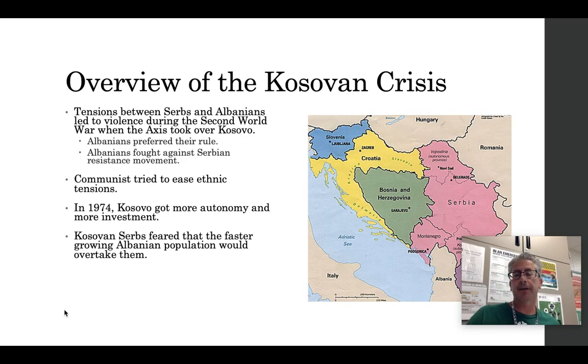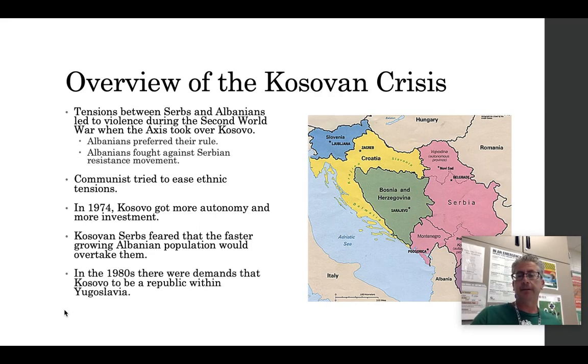The Kosovan Serbs feared that there would be a faster growing Albanian population. So in this area of Kosovo, the tensions are going to be between the Serbs and the Albanians that are there. And in 1980, there'll be demands by the Kosovar Albanians that they become a republic within Yugoslavia. So it'll be very similar to places like Slovenia and Croatia, Macedonia, Bosnia-Herzegovina, Montenegro, and Serbia, be at that same level, be able to sit at the same table.